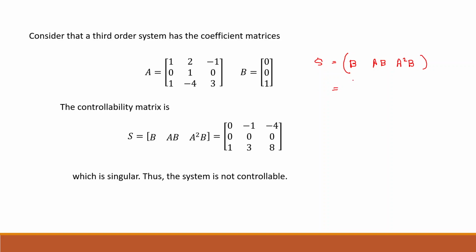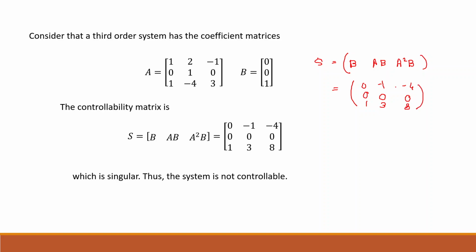From here we can state that B is [0, 0, 1], AB is [0, 0, minus 1, 0, 3], and A squared B is [minus 1, minus 3, minus 4, 0, minus 1, 9, 8].